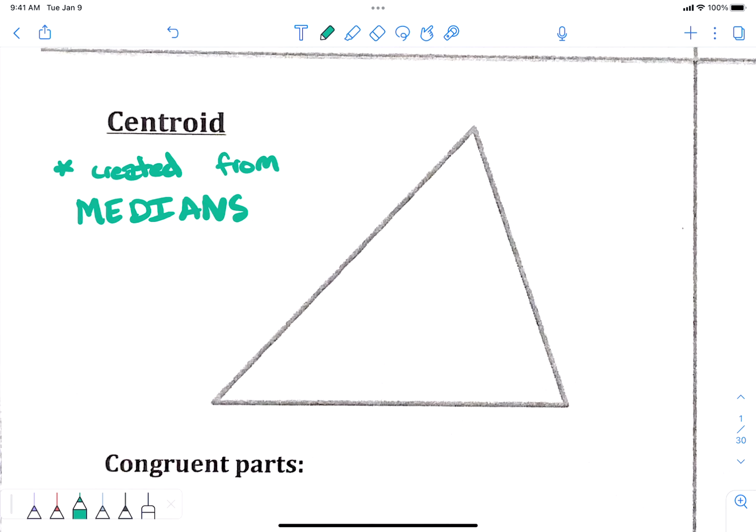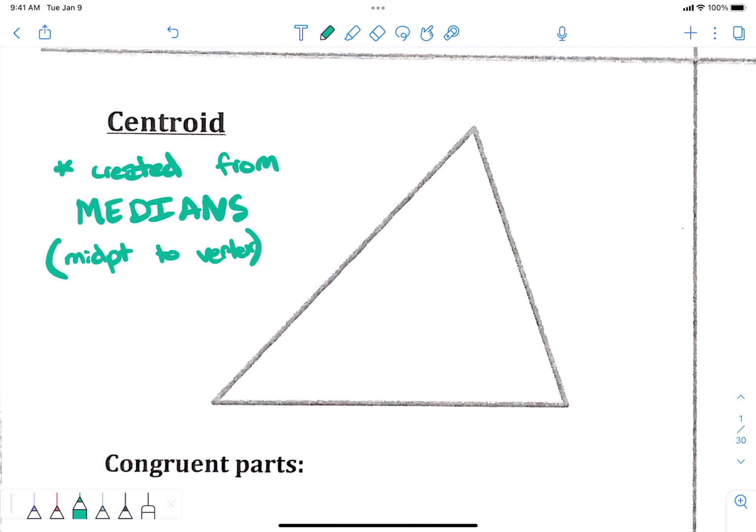The median is like the middle number, right? And so that kind of applies to this triangle here when we're talking about medians, because you're going from the midpoint to the vertex. For each one, you're going midpoint to vertex, midpoint to vertex, midpoint to vertex for all three of them. Where they intersect is what's called the centroid, okay?